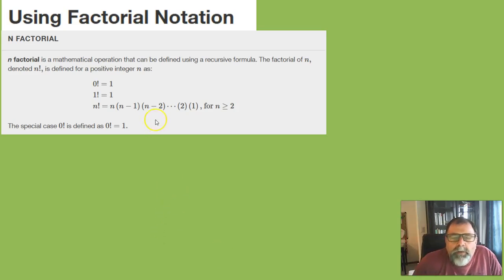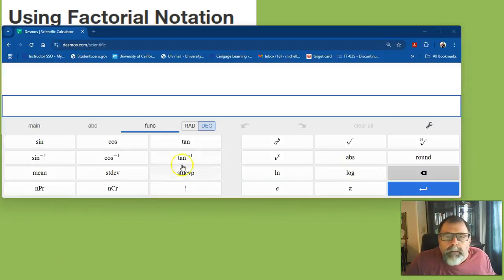So if I wanted to do 5 factorial, you start with 5 and then you go down: 4, 3, 2, 1. And then type that in your calculator. Some calculators have the factorial button. Let's see if Desmos has it. Yeah, so just the exclamation point.